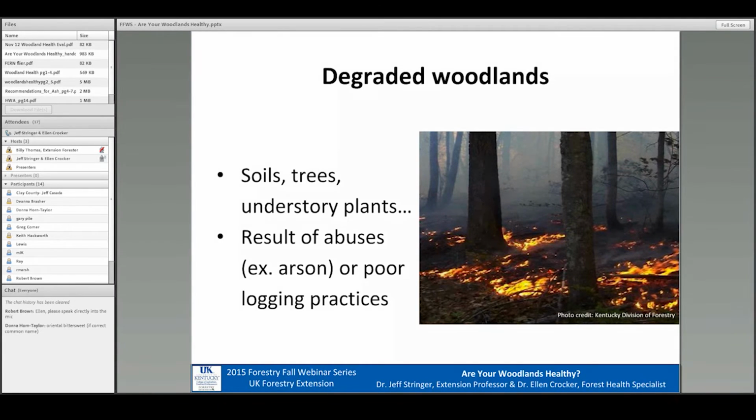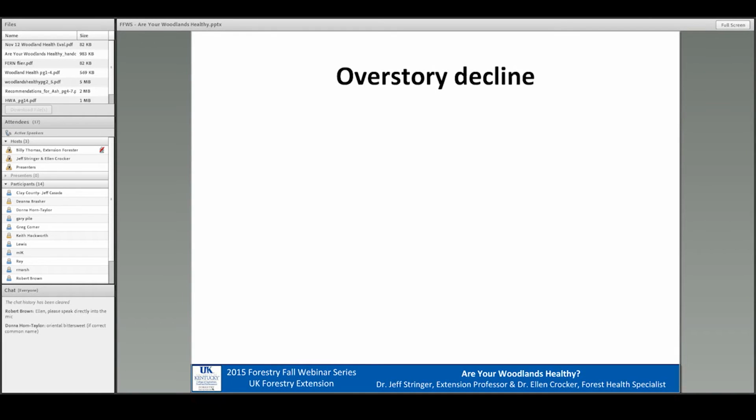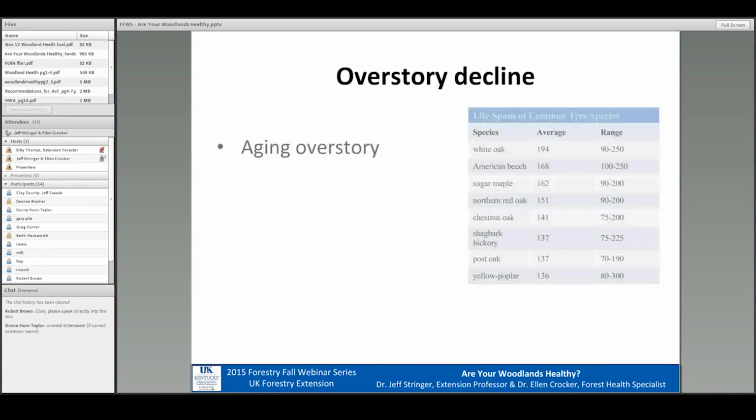Another thing that Jeff touched on earlier is that woodland forest trees, when they get older, are going to start declining. If you're thinking about an old growth forest, you're going to have some individual trees that are aging, but as long as you have a diversity of different ages, this might not be a problem.